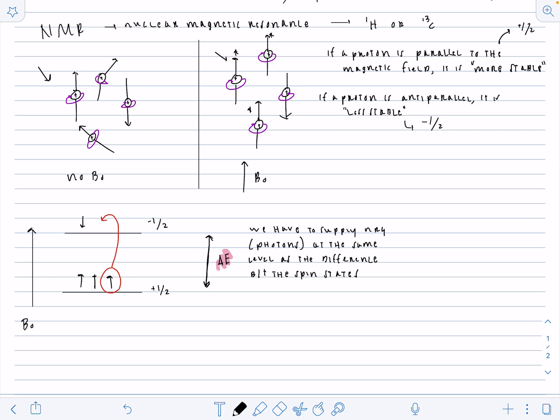So this is me shooting light, photons, at our particles, and this energy, since energy equals Planck's constant times frequency, this is what I'm going to refer to as our photons doing their thing. And then after the excitation happens, then instead of having 3 protons in the lower level, we're going to have only 2, and then we're going to have 2 in the higher energy level.